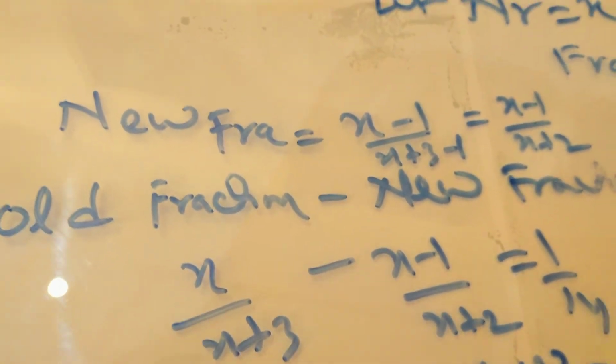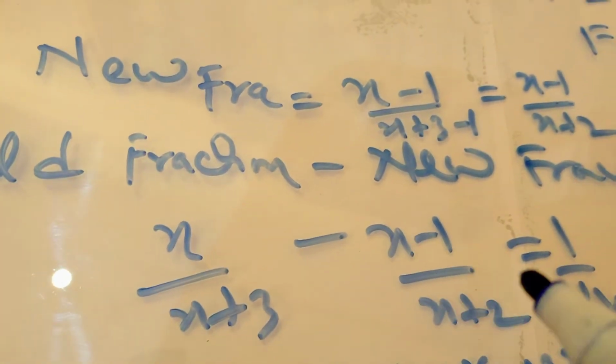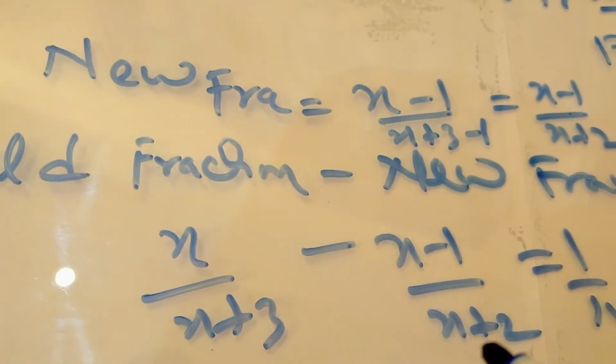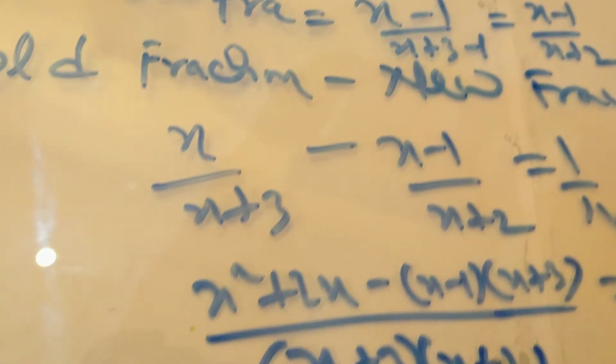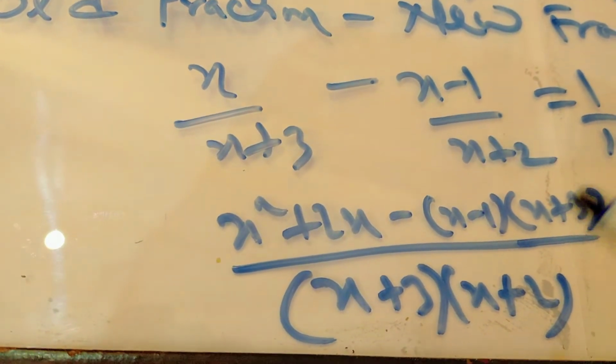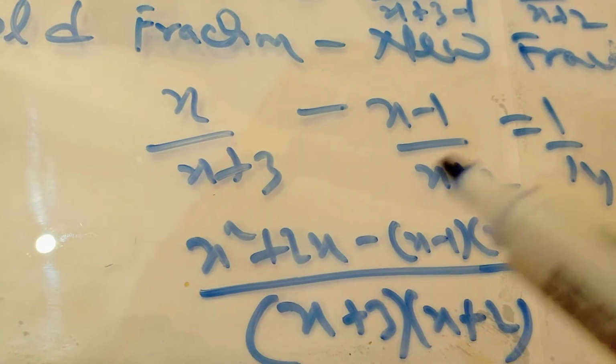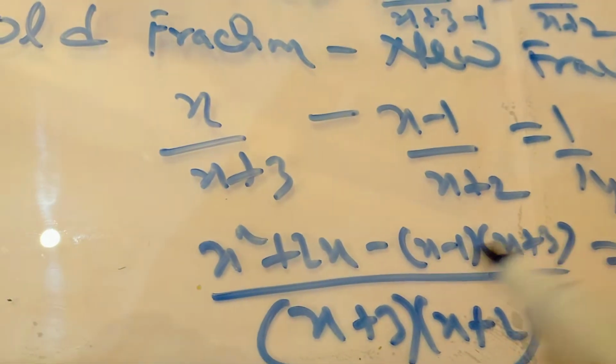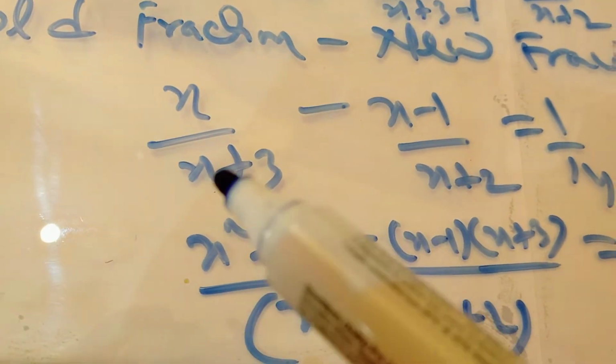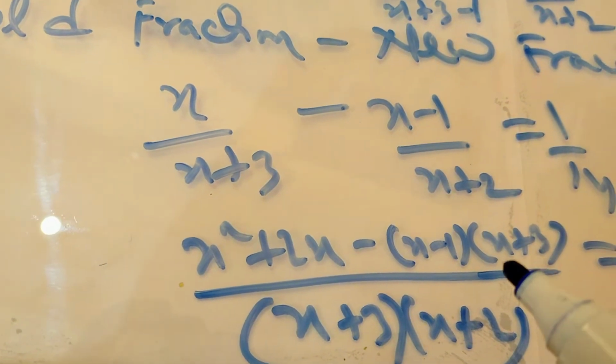Now we have this equation: x upon x plus 3 minus x minus 1 upon x plus 2 is equal to 1 by 14. I have taken the LCM. After taking the LCM, it comes x into x plus 2, that is x square plus 2x, and this multiplied by this I have written here.